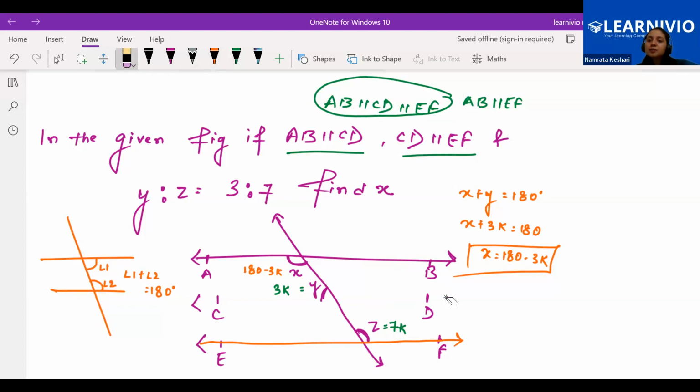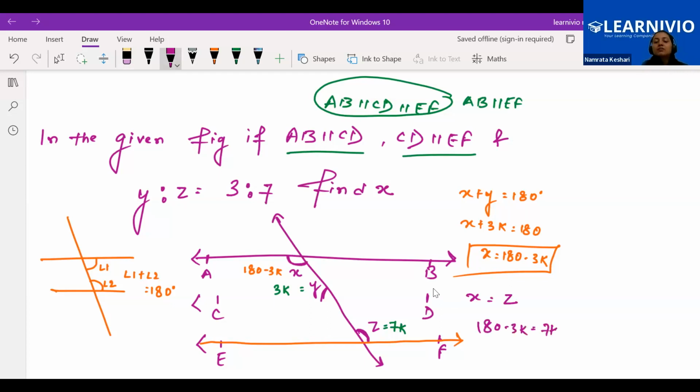From there, is it possible to find the value of K? X and Z are equal, alternate interior angles. So 180 minus 3K, that is X, is equal to 7K.